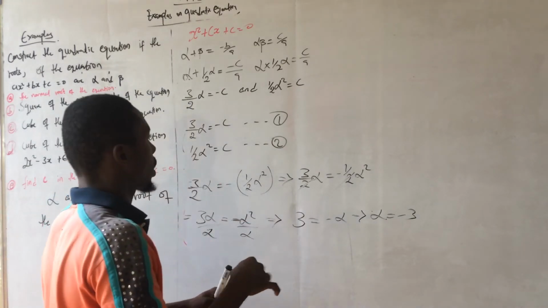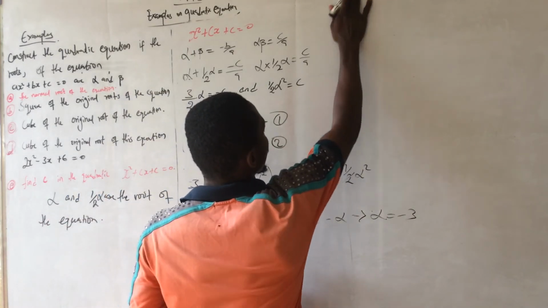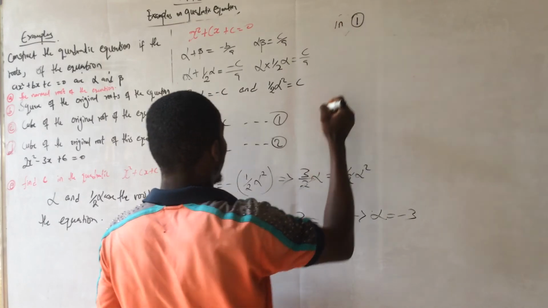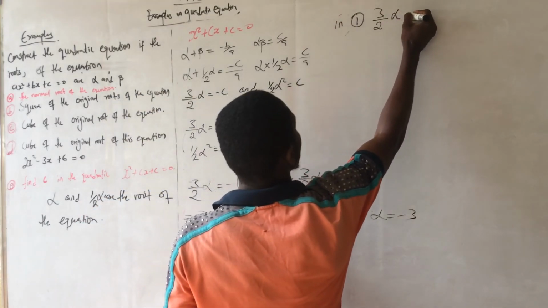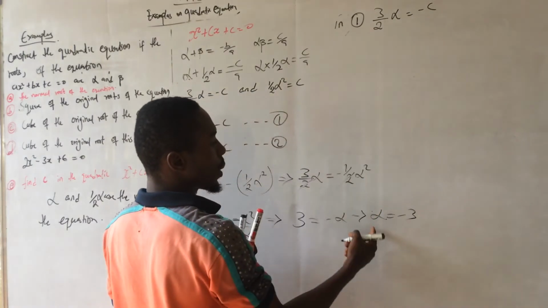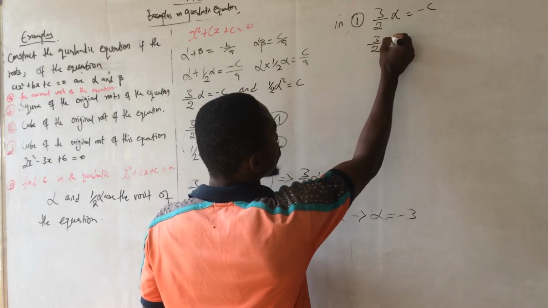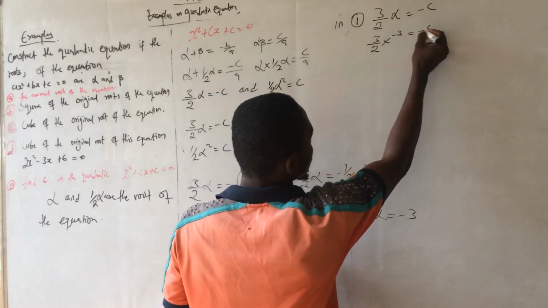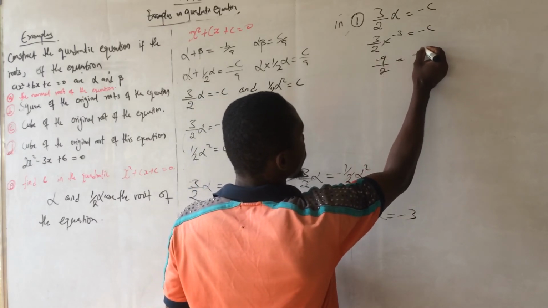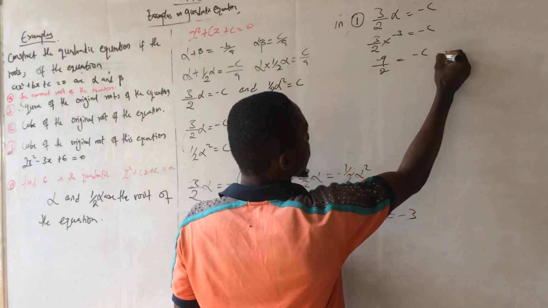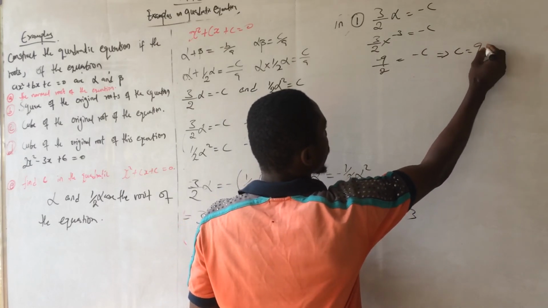In equation 1, I have that 3 over 2 alpha is equal to minus c. But what's my alpha? My alpha is minus 3. So 3 over 2 multiplied by minus 3 is equal to minus c, which is minus 9 over 2 equal to minus c, which implies that c is equal to 9 over 2.